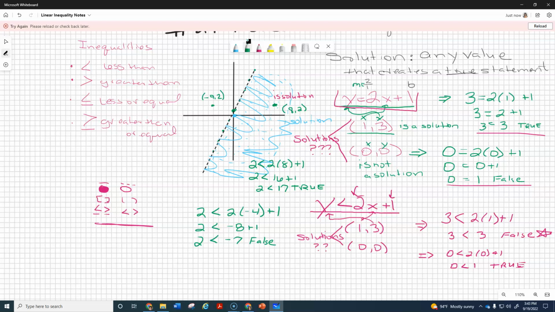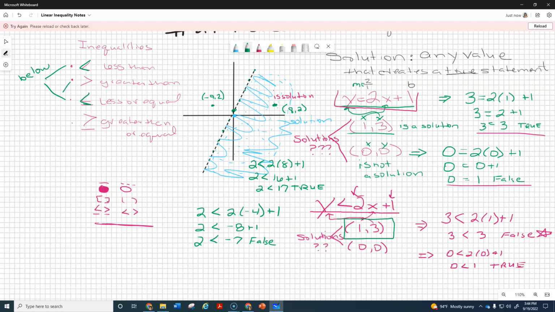I picked a point on the line. This point right here was on the line, and it came out to be false. That's how I knew it should be dotted. And then I found a point that made it true, so that's how I knew which side to shade. You can remember that if it says less than or less than or equal to, these two right here, you're going to be shading below your line.